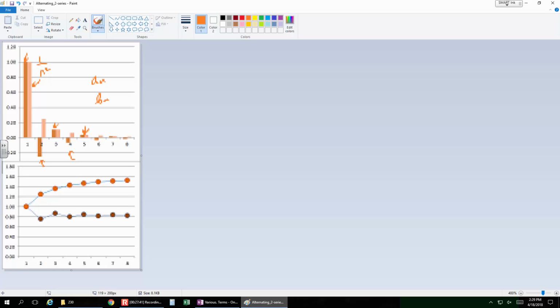Okay, now what if we start adding them up? You can see what's happening. So these are partial sums that I'm plotting here. Okay, so the original sequences are in the first picture, the partial sums in the second picture.